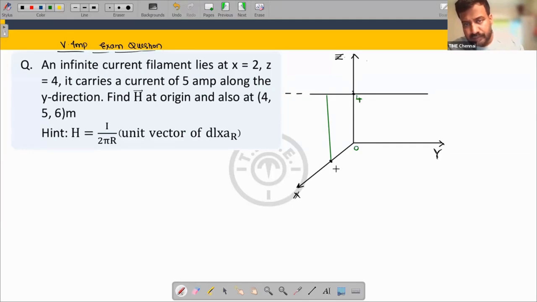This is z is 4, and this is x is 2. So this line where always x is 2 and z is 4 is along which direction? Anyone? Tanushree, Bhumika, anyone?